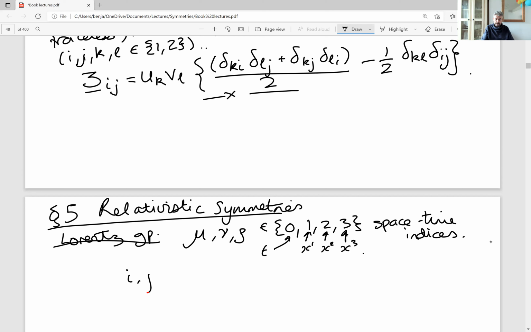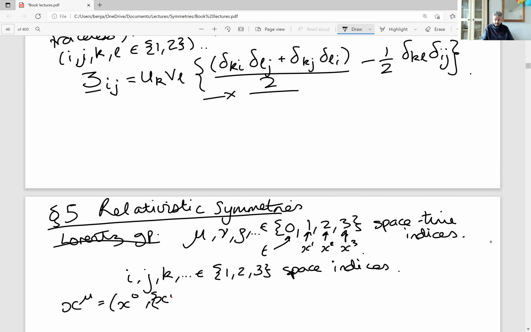Sometimes we want to just write down the 3 spatial coordinates, and we'll use ordinary Roman letters for those here. So in other words, we can write down our 4-vector x^mu. This is the time component and the set of the x^i's, so x1, x2, x3. This is in R^4, so each one of these coordinates is a real number.